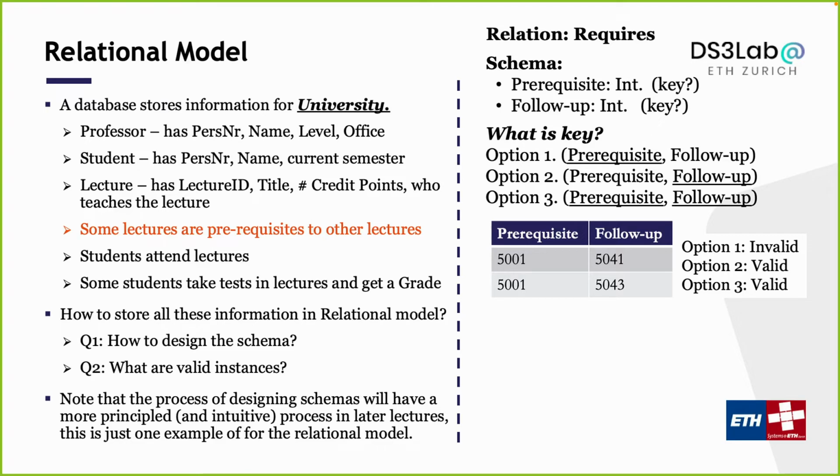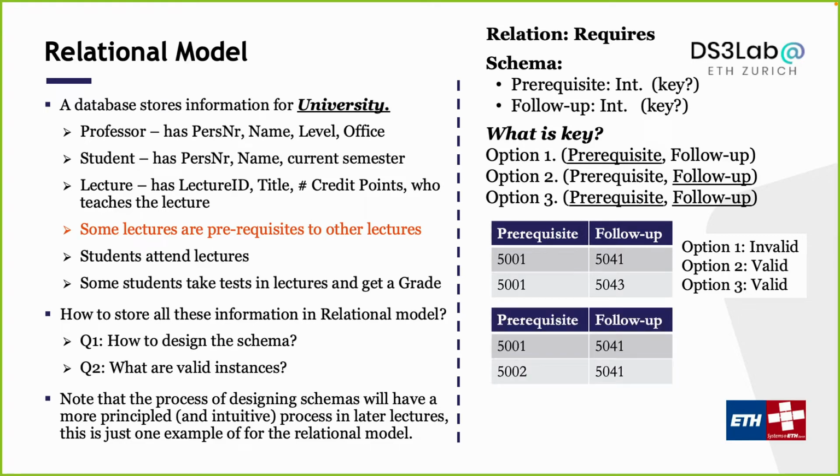Now let's look at this example. Now we have 2 different courses that are the prerequisite of the same course, 5041. If you want to take that course, you need to take those 2 different courses. Is this a valid instance under the 3 options?